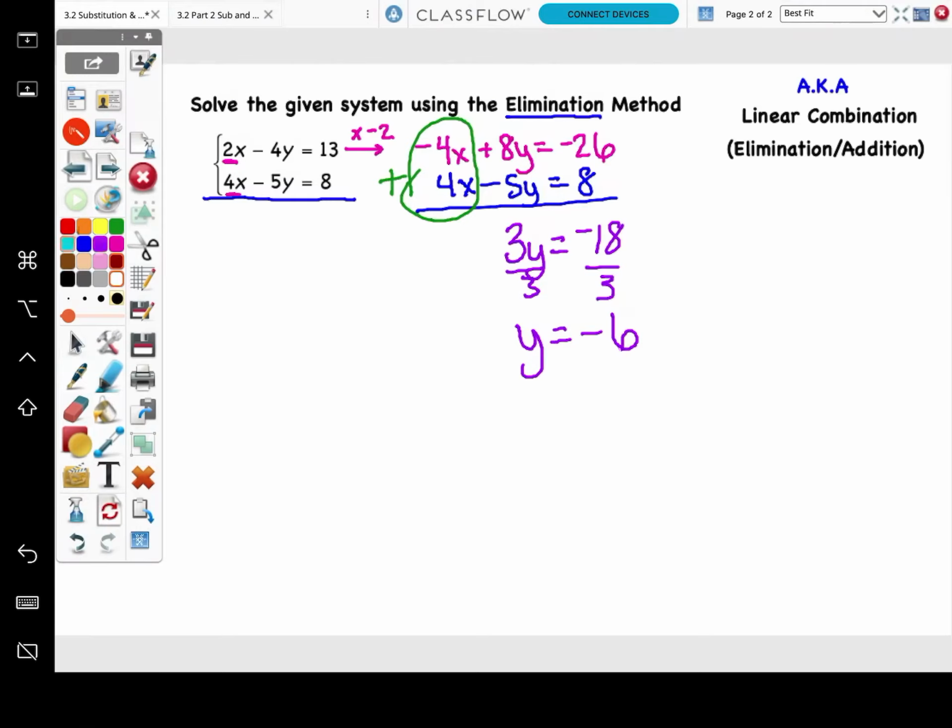We're going to plug back into an original equation, and you can pick either one, it does not matter. So 2 times x minus 4 times negative 6 is equal to 13. Just do the math.